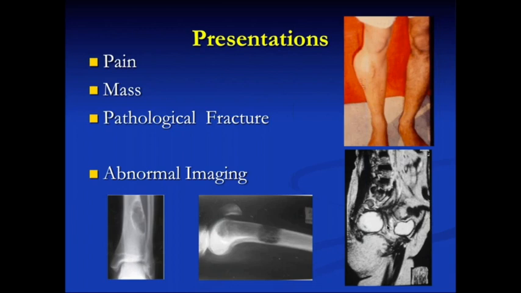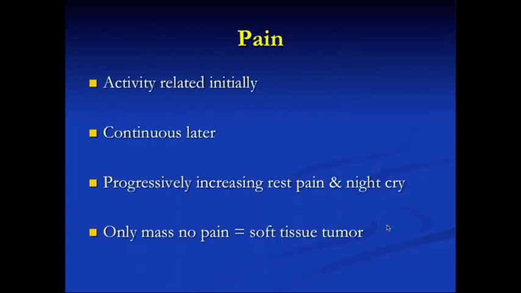The pain could be activity related initially, or at times it could be no pain at all, especially in benign tumors. Benign tumors have this classical presentation that they should be painless, unless microfractures have started happening in the benign tumors. As time passes, as the tumor grows, the pain becomes continuous later on.